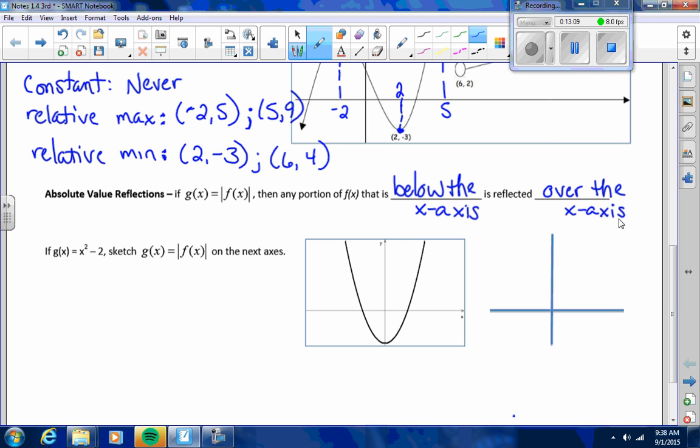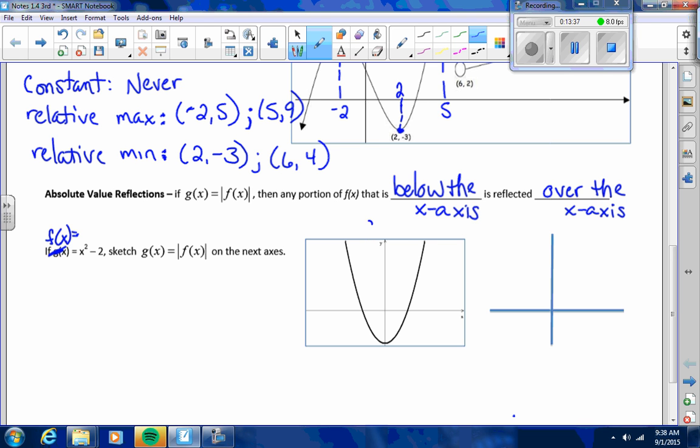Okay. So here we have a function, and actually I think this should say if f of x equals x squared minus 2, sketch g of x, which will equal the absolute value of f of x on the next axis.